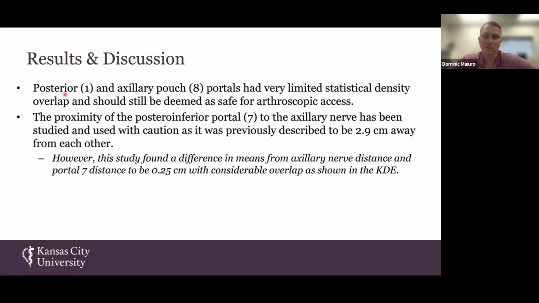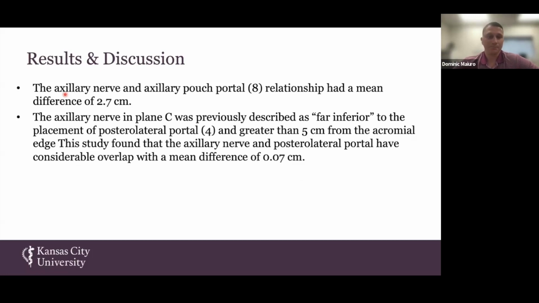However, other studies found the difference in means from the axillary distance and the portal distance to be about 0.25 centimeters. And like I said, the diameter of the camera is about 20 millimeters, which would be 0.2, right? And so that's a very, very narrow window. I would recommend using that with caution from here on.